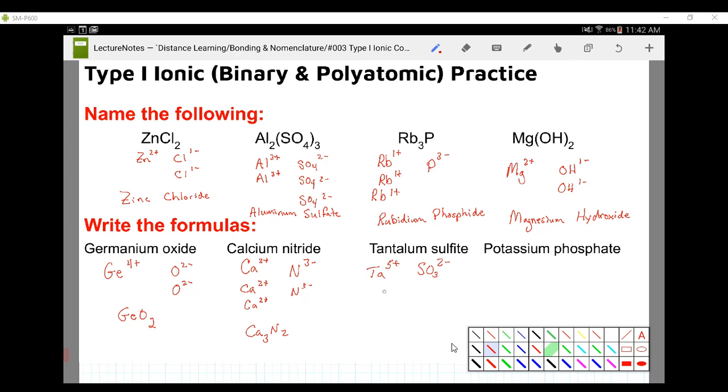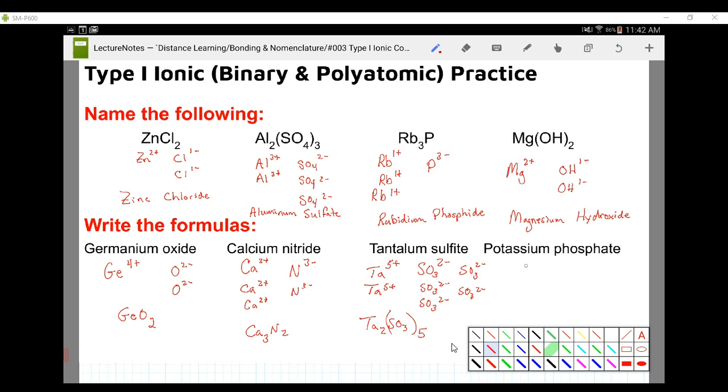Common multiple is going to have to be 10. So to do that, I would need 2 tantalums, and then I would need 5 sulfites. Gets you Ta2, SO3, and I need to show 5 of those sulfites, so parentheses 5.